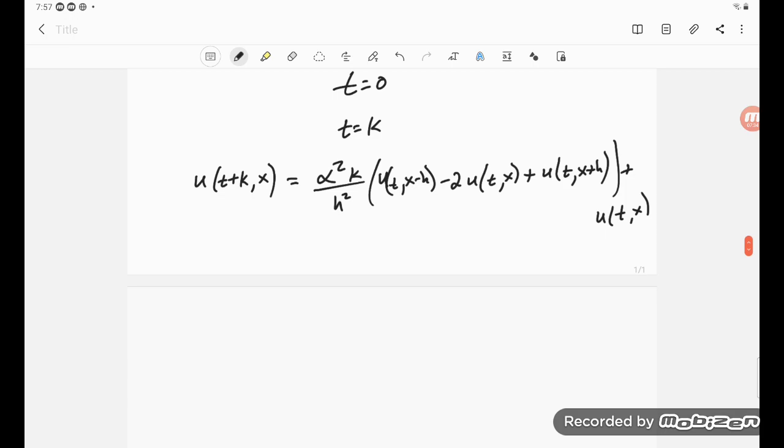Now, I'm going to use a new sort of notation.